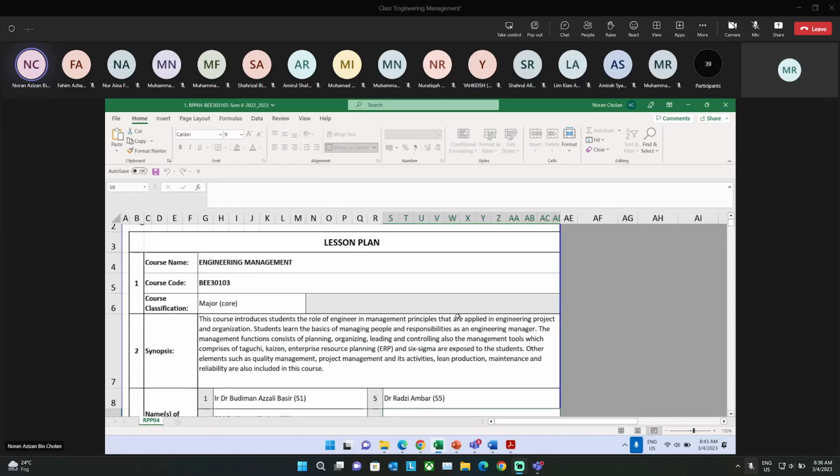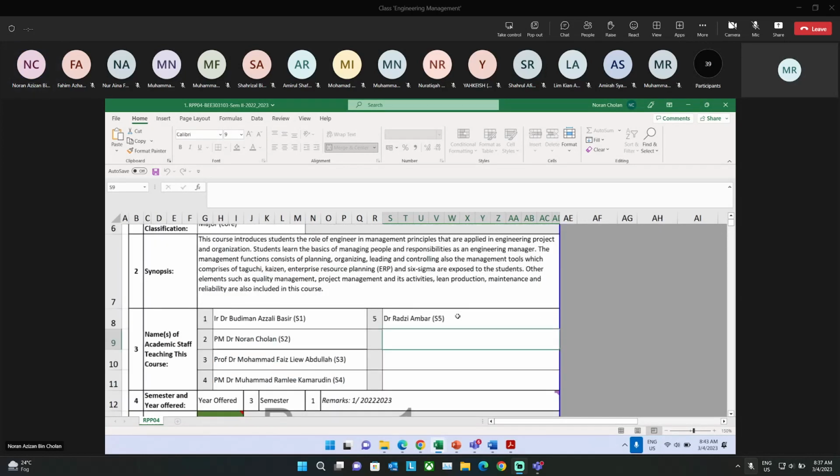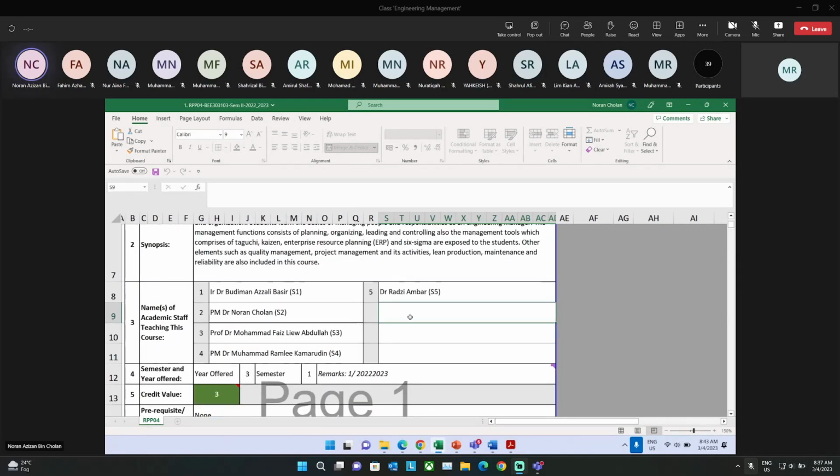The name of the course is Engineering Management, so make sure you go into the right course. The course code is BEE30103. In this course there are many sections. I'm teaching section 2.